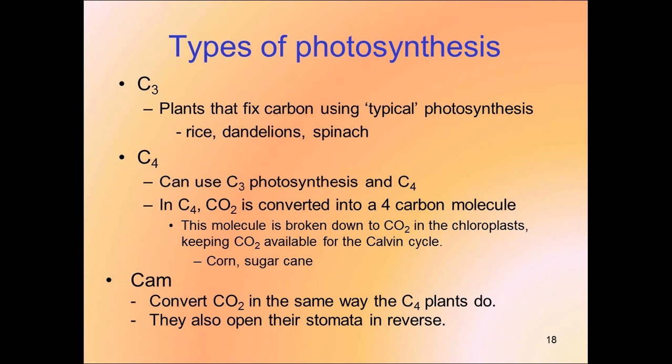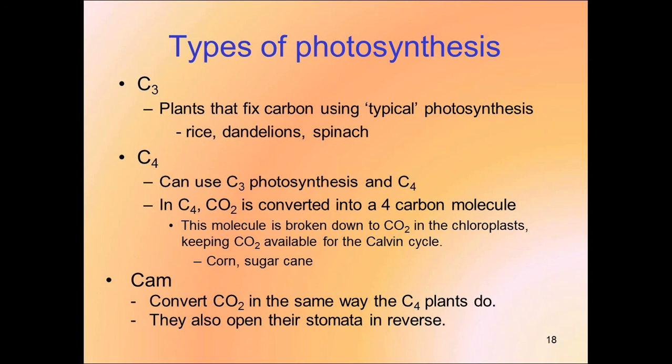C4 plants convert CO2 into 4 carbon molecules when the weather is hot. This allows them to create CO2 in the chloroplast even when the stomata have been closed during photorespiration. The C4 plants can also use traditional C3 photosynthesis when the weather is nice.